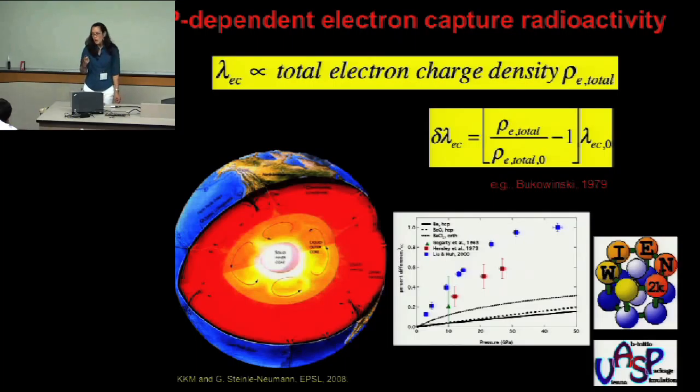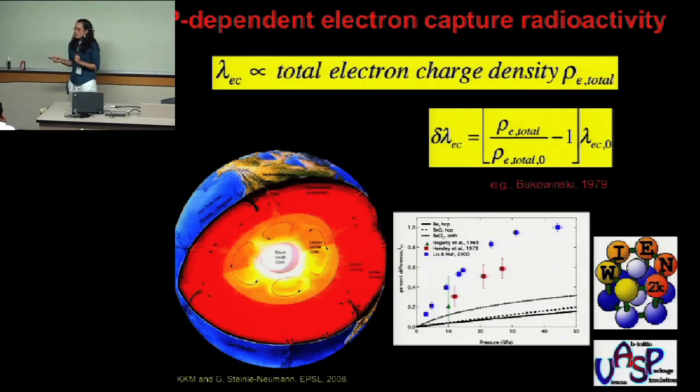So one could take these results and say, okay, either there's something wrong with the experiments or maybe there's something wrong with the calculations. For these particular calculations, we hope that we did a good job in that we were looking at all the electrons. We're using Wien2k in this case, and doing an all-electron calculation so that we can determine what your electron density is at the nucleus.